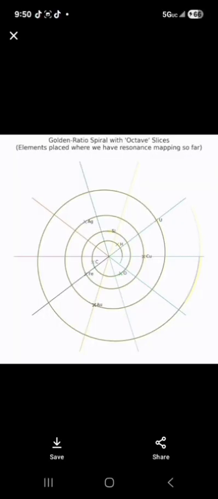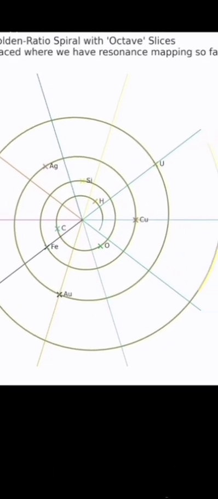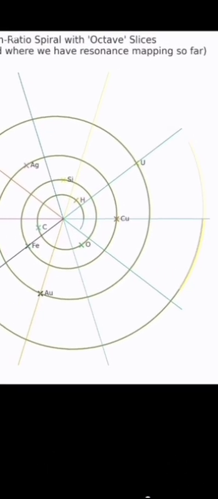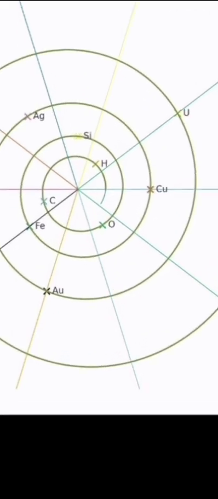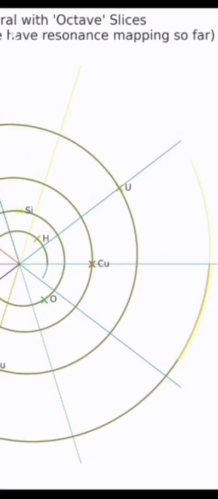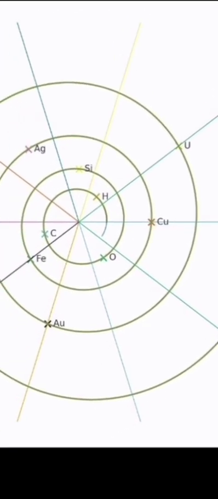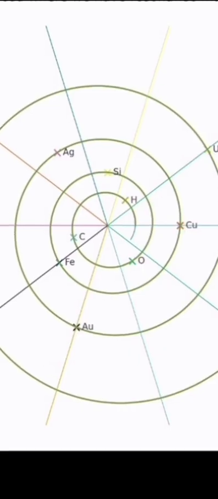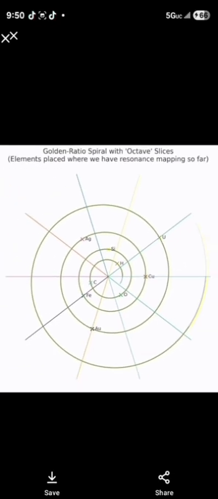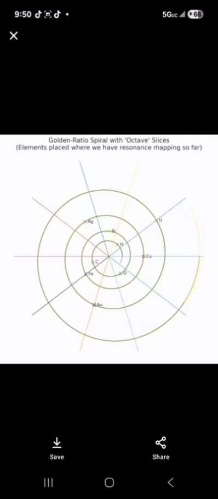You get a golden ratio spiral octave. And what you're seeing here is photonic resonance frequencies represented in the pi. You're seeing the elements, their photonic resonance locks, where they lock up. And what I'm explaining is how light turns into matter.